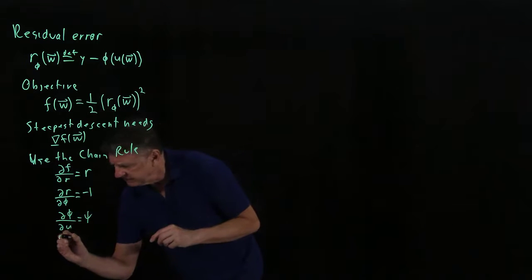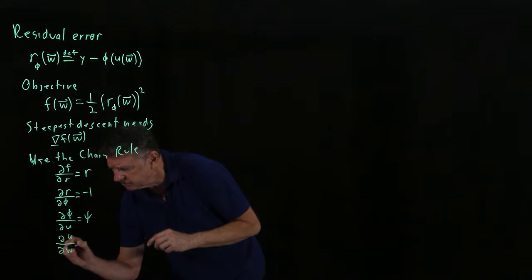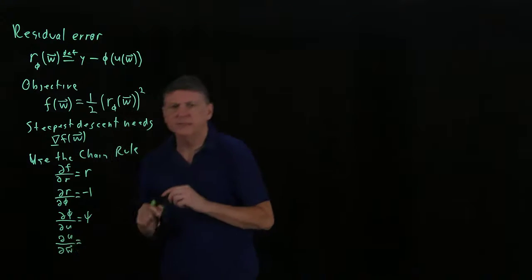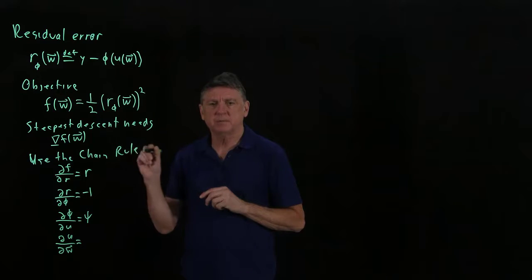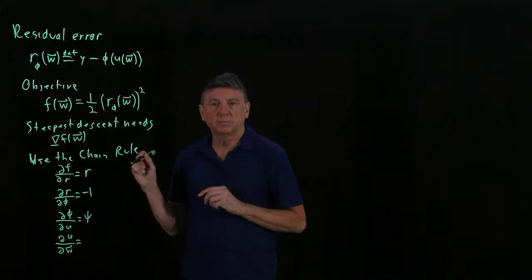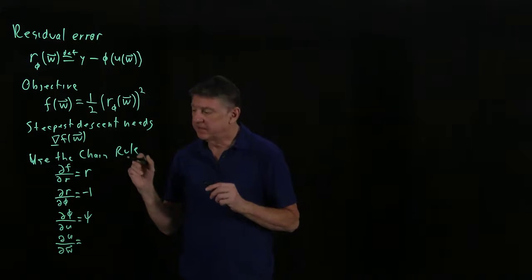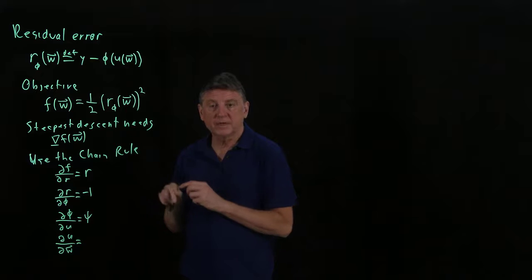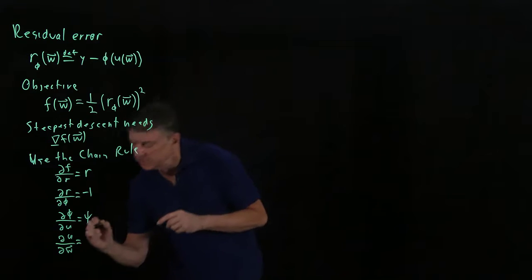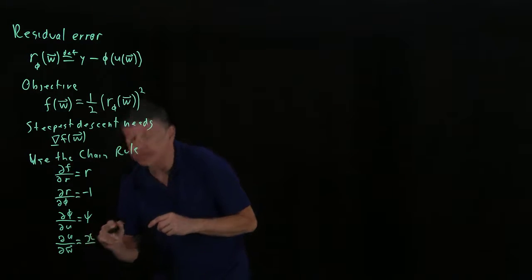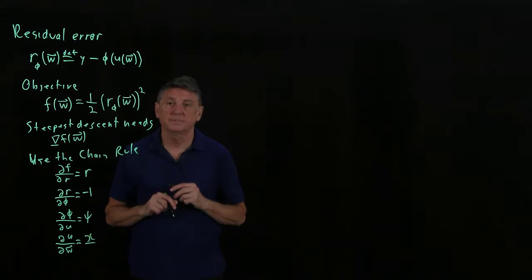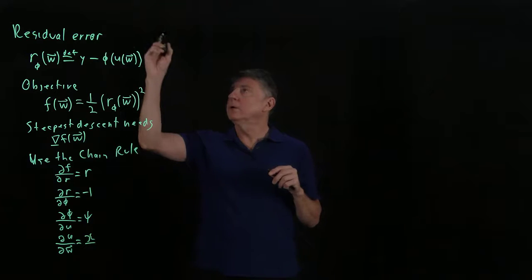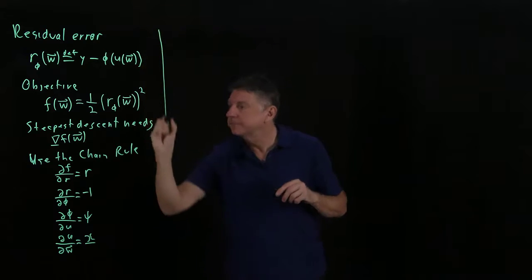And then the derivative of the scalar with respect to the weight vector: u equals x 1 form times w, and we know from our earlier sessions that the derivative of the product is simply the 1 form, so that is simply the data 1 form, which is the data vector transposed, and we have a 1 appended to it. So now we can write the gradient of our objective.